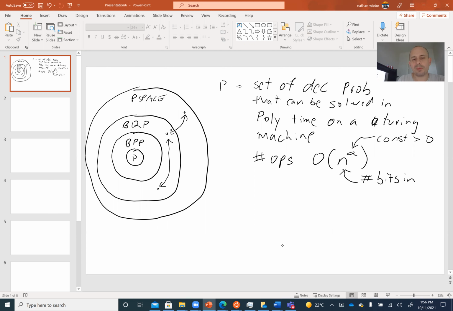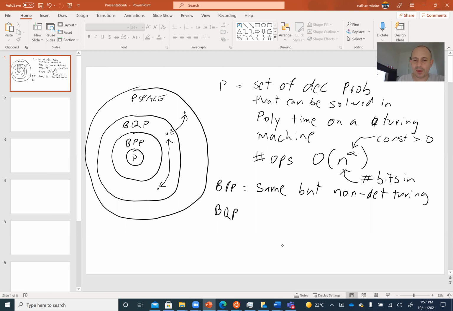Okay, now BPP, this is kind of the same, but non-deterministic Turing machines. So this basically is the class that we were taking a look at, or this class would encapsulate what we could do using probabilistic reversible computing, as we talked about in the beginning of the course.